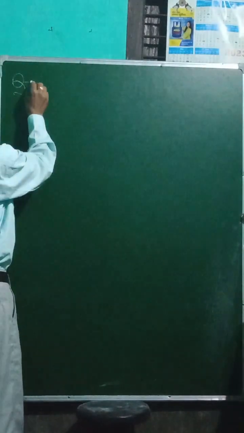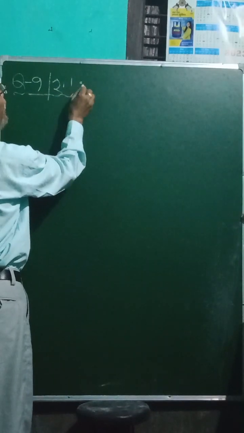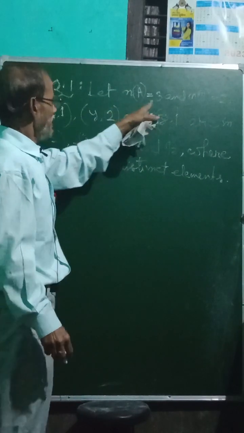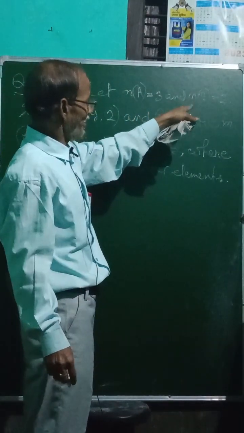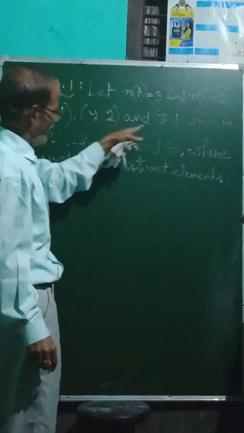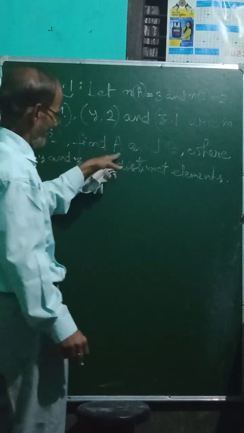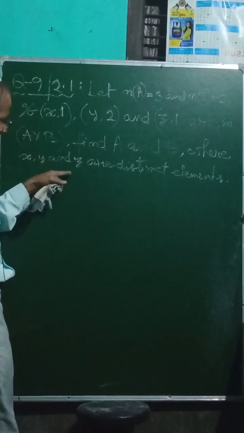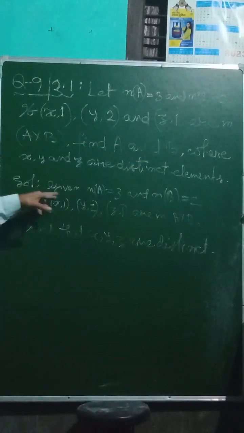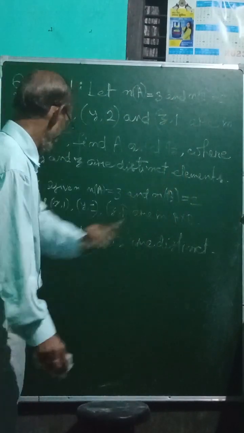Question number 9. See the things here. The number of elements in set A is 3 and in set B is 2. And it is given that (x, 1), (y, 2) and (z, 1) are in A cross B. Find the sets A and B where x, y and z are distinct elements. See the solution. Given the number of elements in A is 3 and in B is 2.